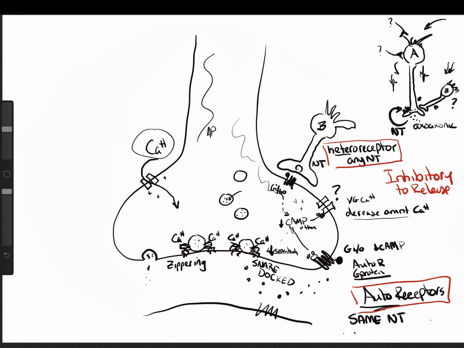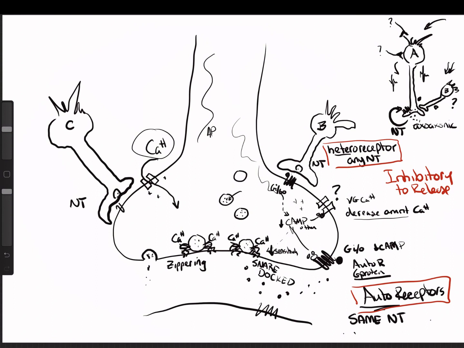So if we go back over here to the left side now, we can have another neuron come in. An even uglier neuron. And that's neuron C, of course. And then it's got, say, another neurotransmitter, a third neurotransmitter.